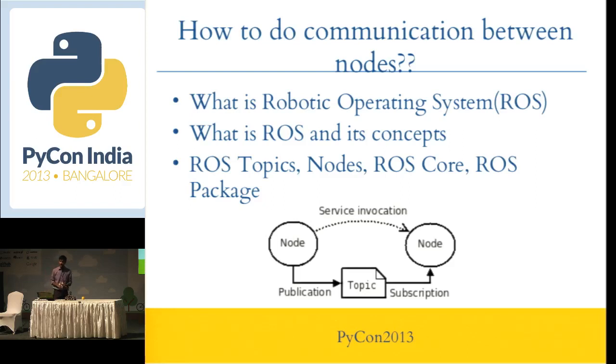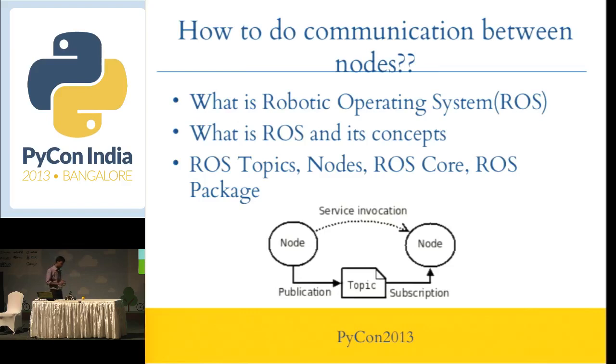Here we are doing image processing and also sending the values to the Arduino. So I am using a communication system called ROS, Robot Operating System, for communicating between this image processing code and the Arduino code. ROS is a meta operating system designed mainly for robots.